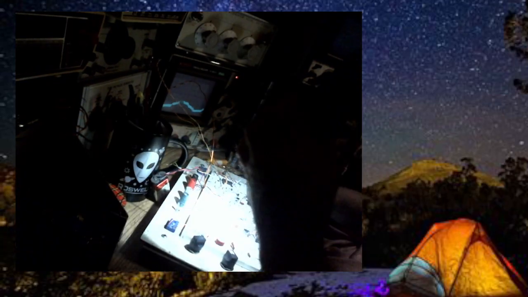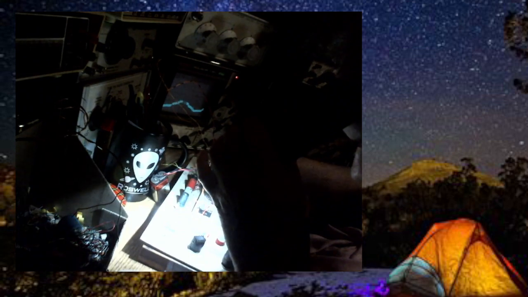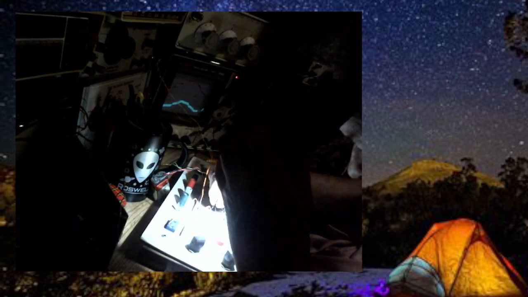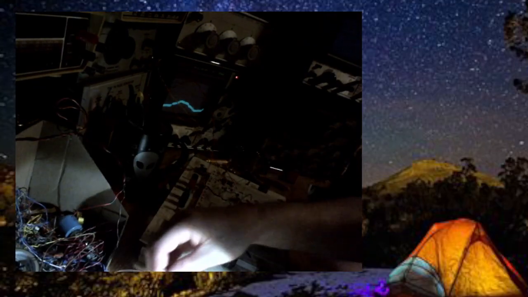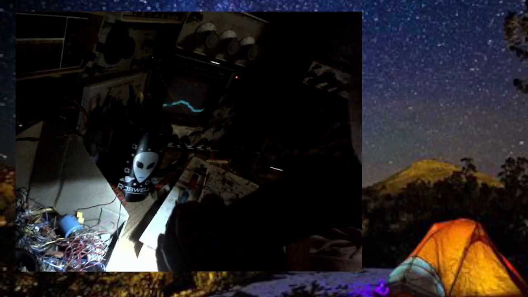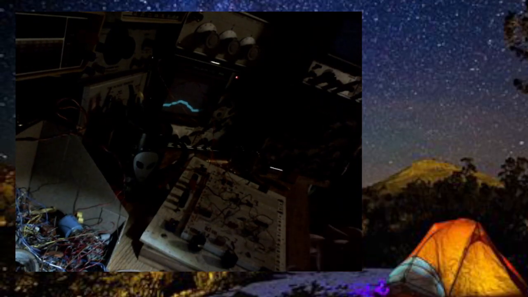This one's good. I don't know what this is. Alright, that's reversed. This one's working, but it's really low, and that's not one of the ones that, my good ones work good. Let's see what we've got.